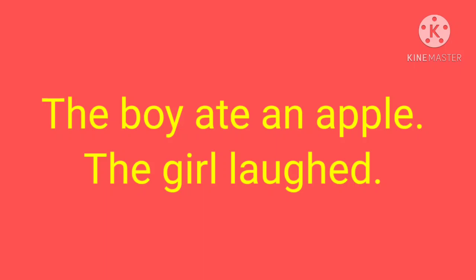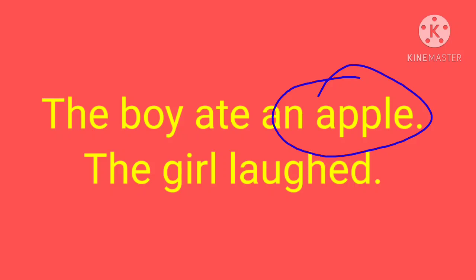So in the first sentence you can see the verb ate. It requires an object to complete its sense. Yes, so we have added an object here, an apple, right? So it is called a transitive verb. That means a transitive verb requires an object to make complete sense.